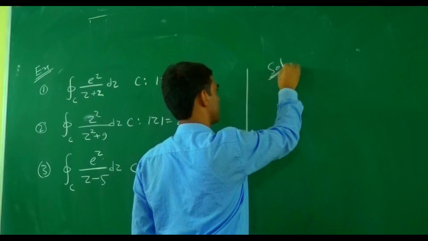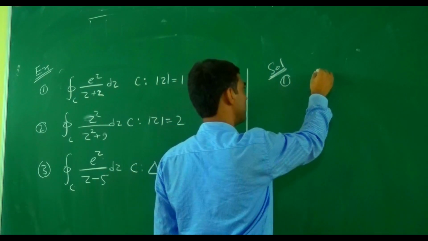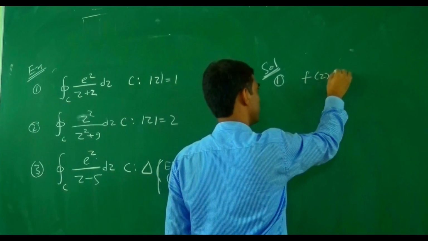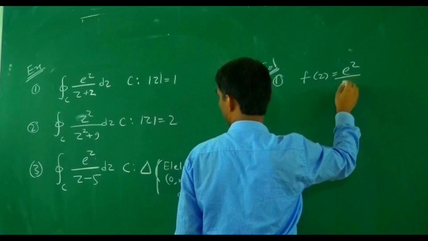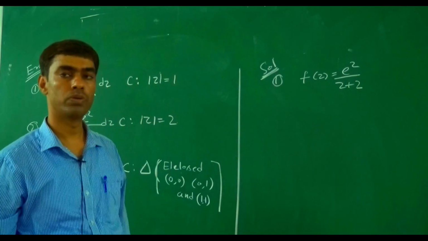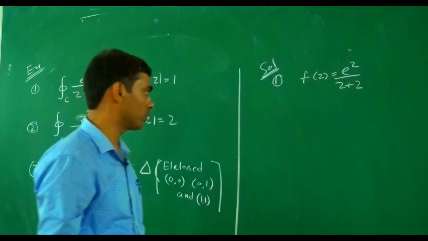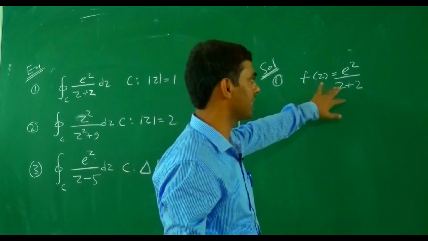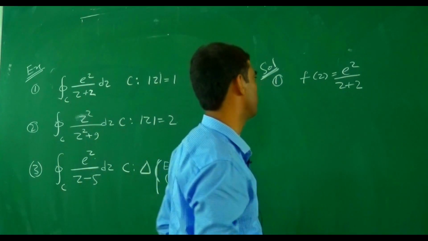Solution of the first question: f(z) equals e to the power z upon z plus 2. This is analytic except at the point z equal to minus 2.